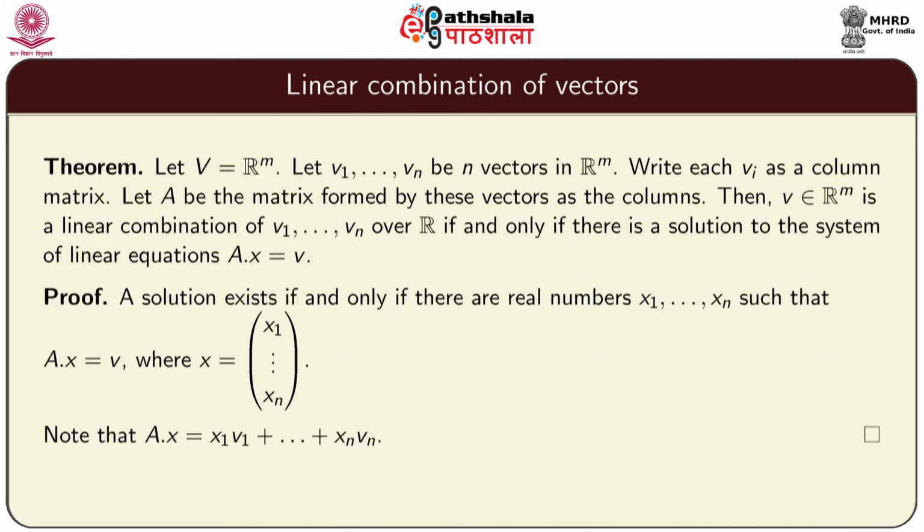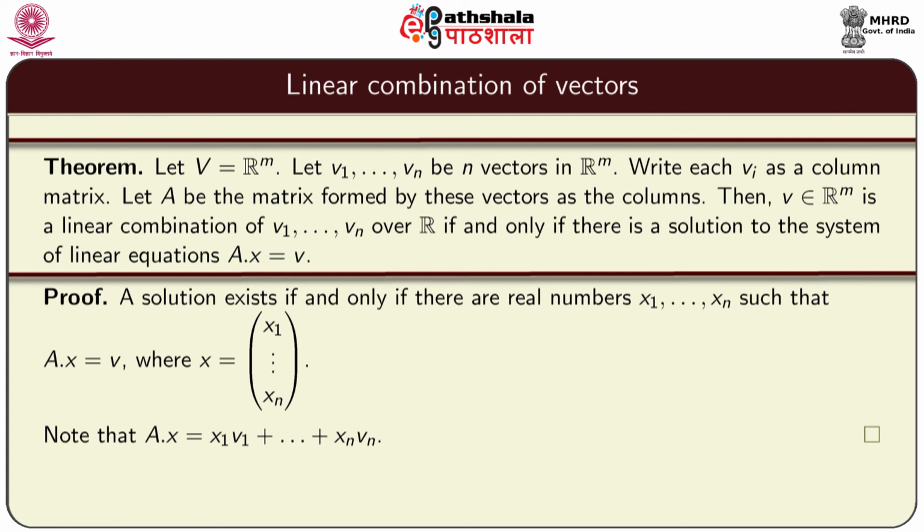This theorem is going to show you the connection between linear combination of vectors and system of linear equations. So, let V be the vector space Rm over the field R. Let V1, V2, Vn be n vectors in Rm. Let us write these vectors as column matrices, and let us form the matrix A with these vectors V1, V2, Vn as columns.